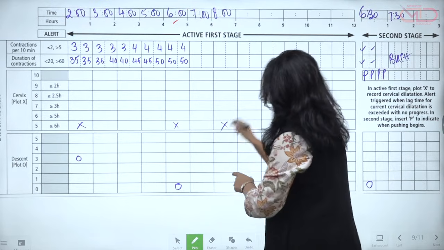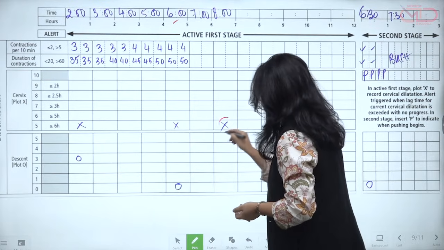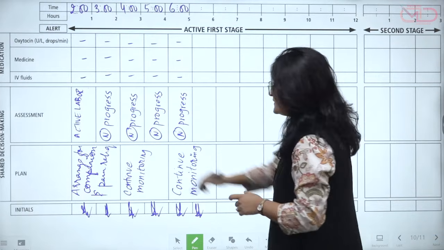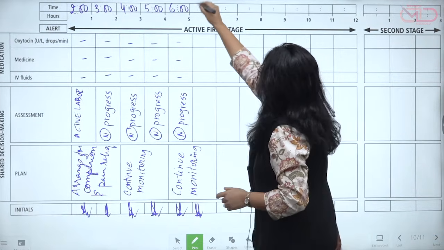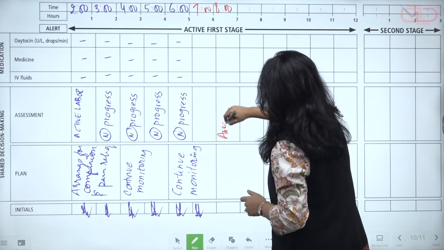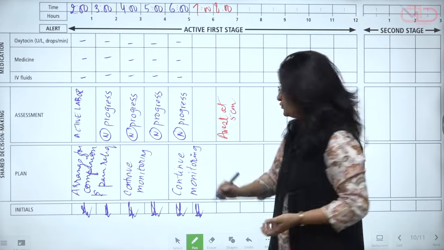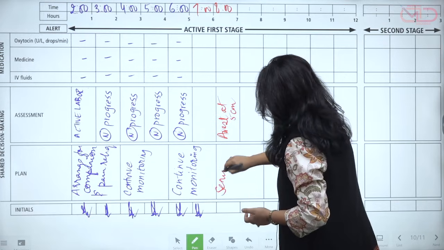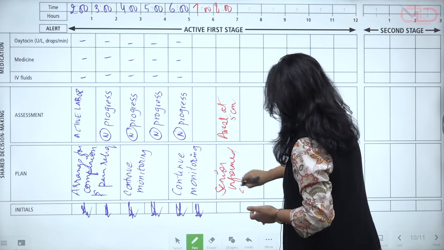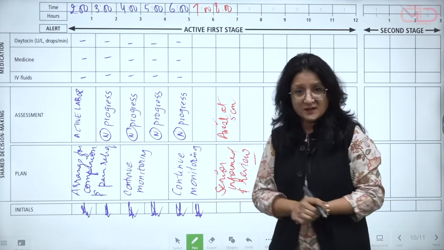she was still 5 centimeter, then she would have raised the alert flag here, highlighted it, and assessed it to be arrested at 5 centimeter, and then she would have made a plan to inform the senior to come and review the case as to why there is an arrest at 5 centimeter.